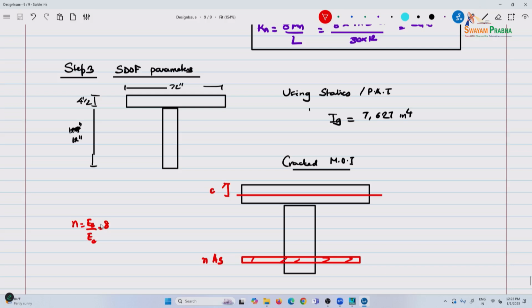No? So historically, a lot of things even in IS codes are square root of FCK. Do you know why? Why don't they change it to something else? I mean, would you agree with it? You do your regression analysis and curves and everything, you might get FCK to the power 1 point something or 0.35 to be a better fit of the data. But why does everything resort to square root of FCK?